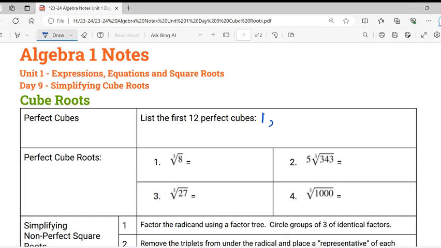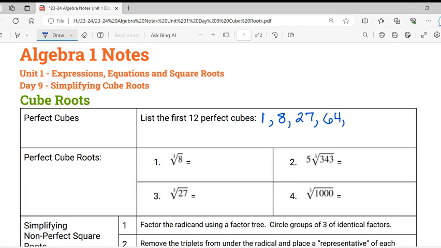Then we have 2 times 2 times 2, which is 8. 3 times 3 times 3 again is 27. 4 times 4 times 4 is 64.